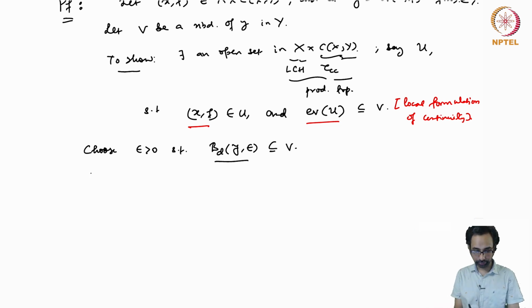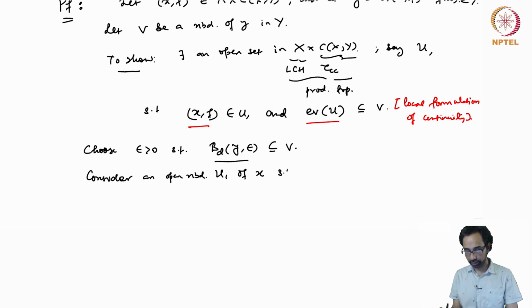Now consider an open neighborhood, say U1 of x, such that U1 closure is compact. So this is by the locally compact Hausdorff property of X.